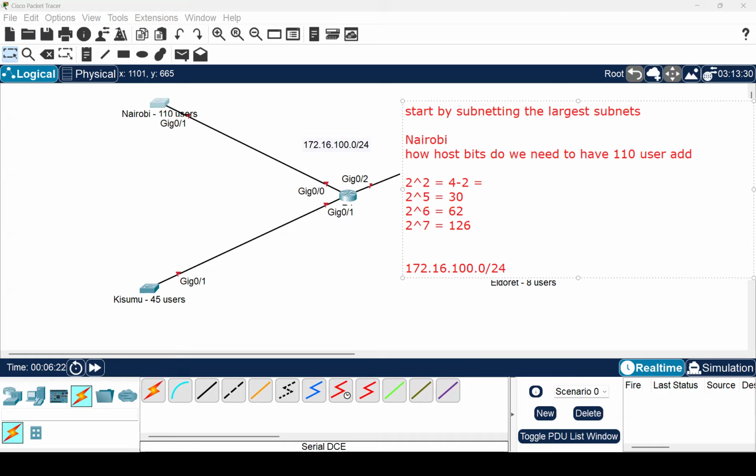If you write the /24 in binary, in decimal it is 255.255.255.0. In binary, it is 1, 2, 3, 4, 5, 6, 7, 8, 1, 2, 3, 4, 5, 6, 7, 8, 1, 2, 3, 4, 5, 6, 7, 8. And we are saying that we need to make sure that the host bits are at least 7 of them. 7, as you can see here.